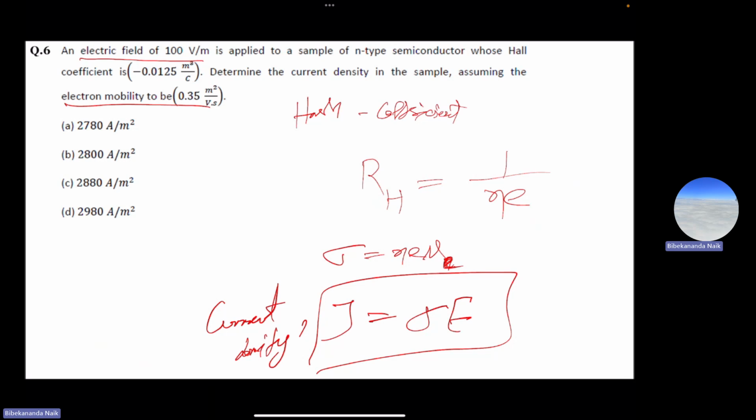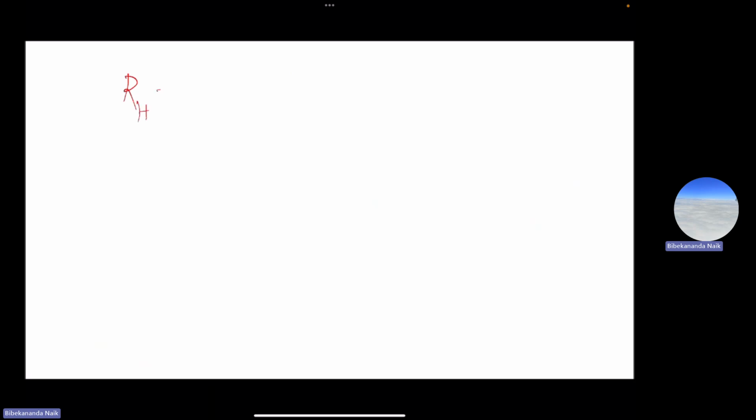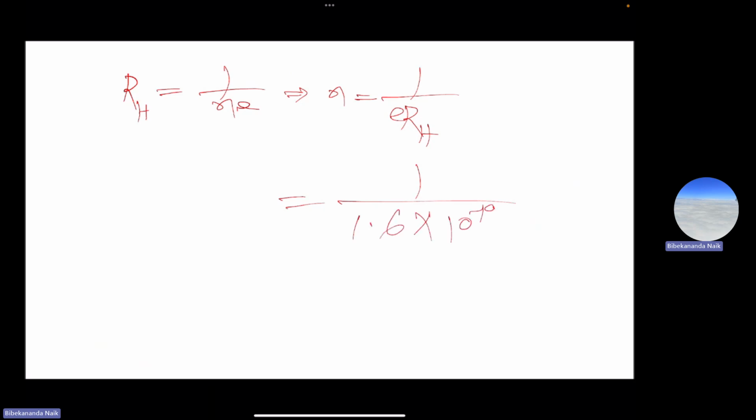So if we calculate, R_H is 1 by N e, that implies N is 1 by e R_H, which is 1 by 1.6 into 10 to the power minus 19 into 0.125. Then it is 5 into 10 to the power 20 per meter cube.